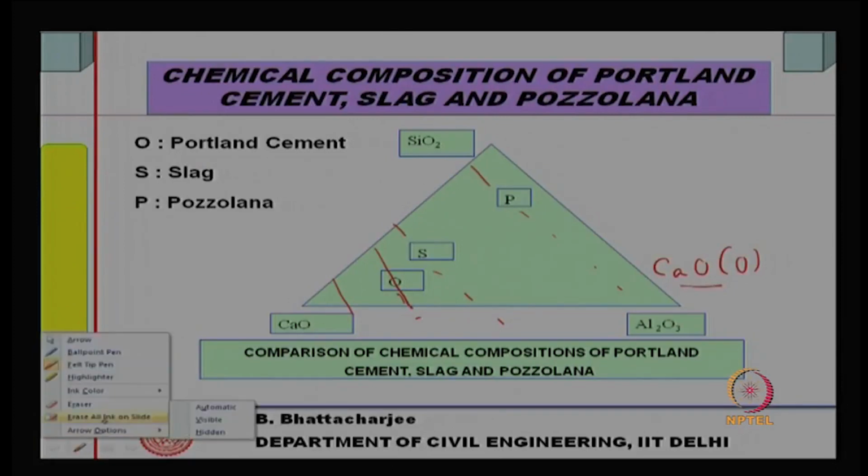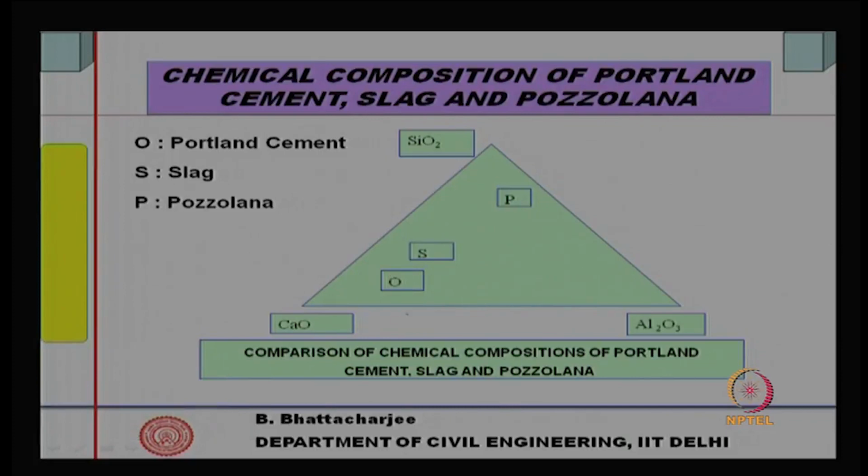SiO2 is 100% here, this has maximum SiO2, and slag still has more SiO2 than OPC. Aluminum oxide is 0 here, 100% here. So, all have low Al2O3. You see that the oxides are the same, only proportions differ, and this diagram also shows the same thing.